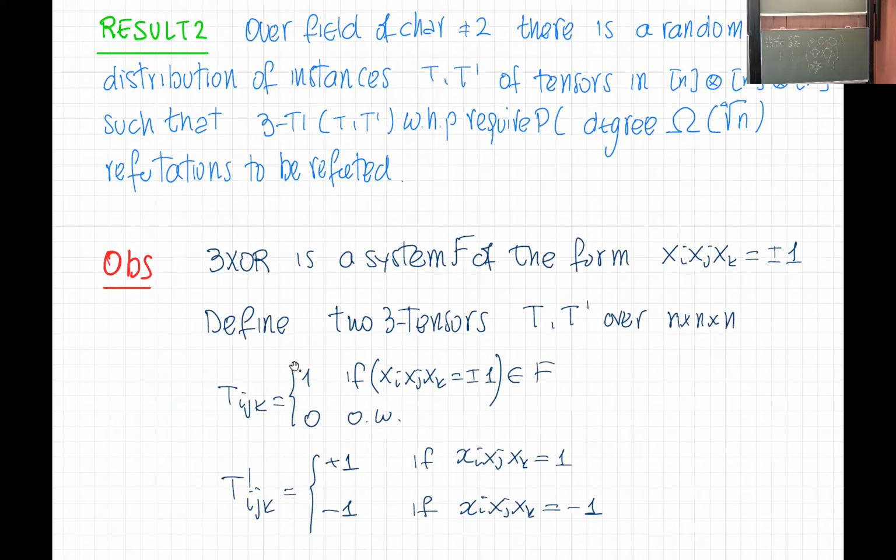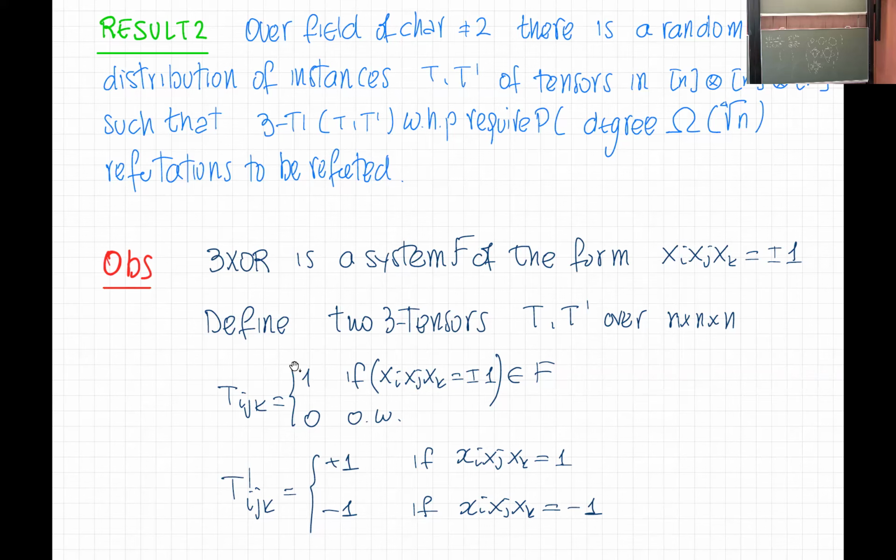So the result two is for a reduction to the degree lower bounds for random 3-linear equations. Essentially, from this problem here, random 3XOR, or linear equations of this form, x_i x_j x_k equals plus or minus 1, we define two 3-tensors, T and T', in this way.